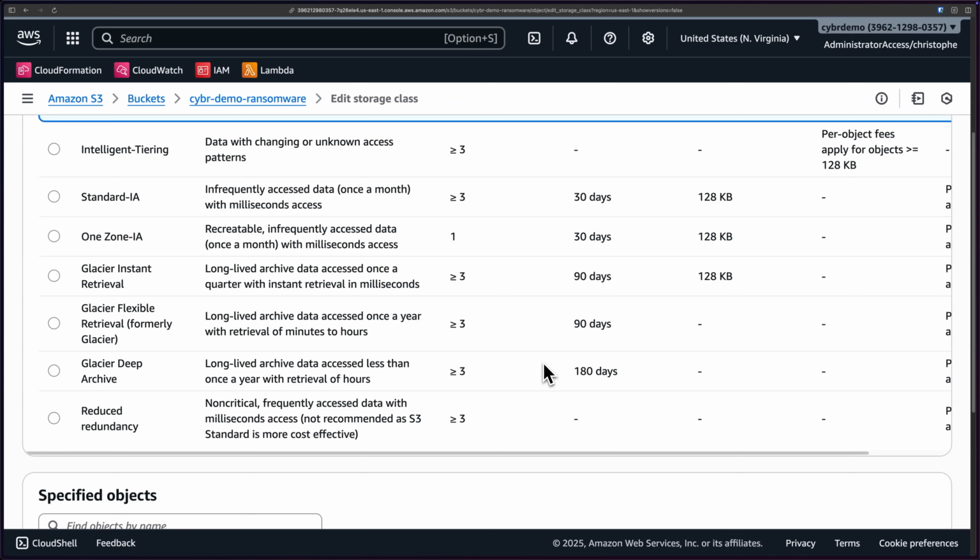So now we have archival storage classes for S3 that can be broken down into these three different tiers. You have Amazon S3 Glacier Instant Retrieval, you have S3 Glacier Flexible Retrieval, and you have S3 Glacier Deep Archive. Let's talk about these storage classes in a lot more detail.